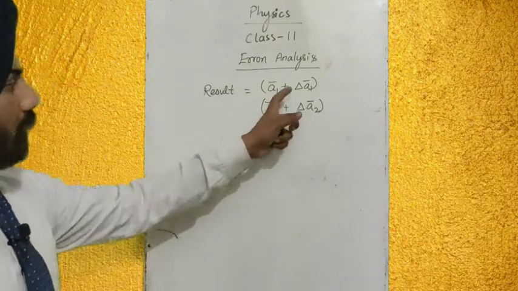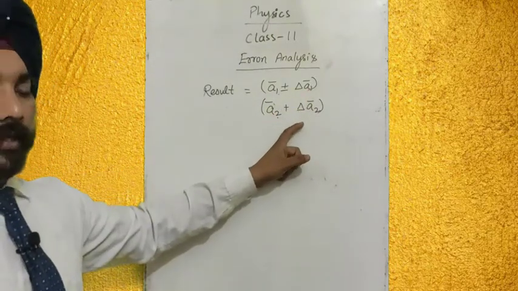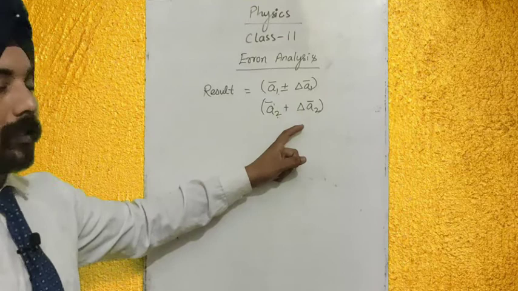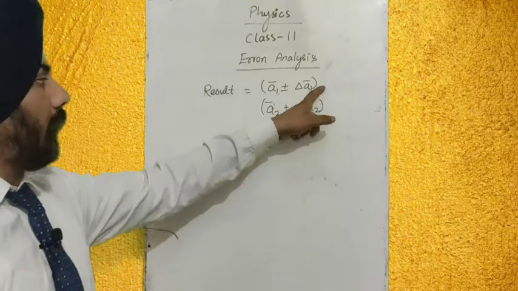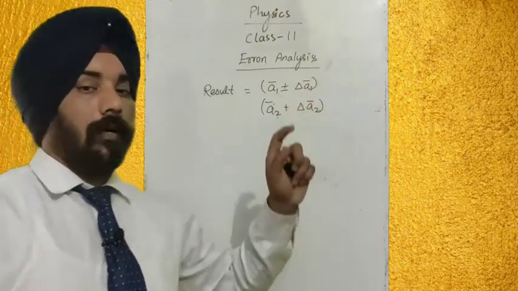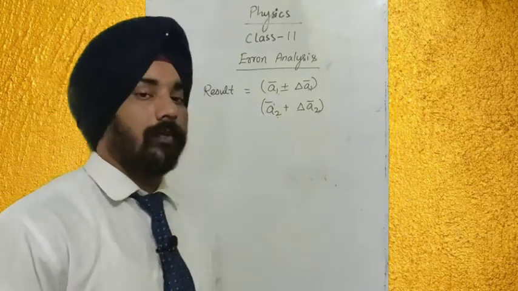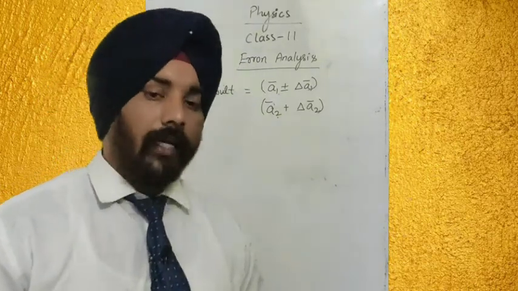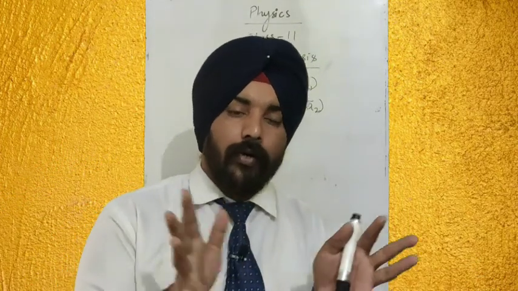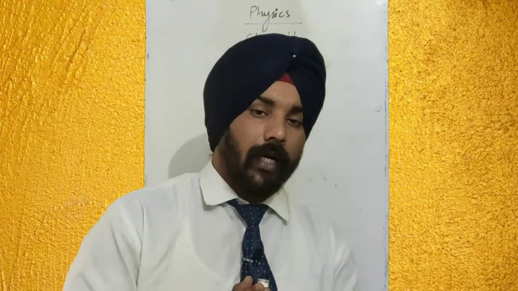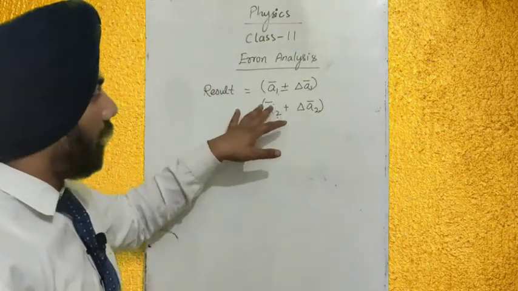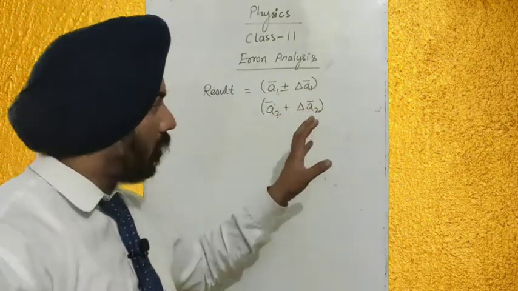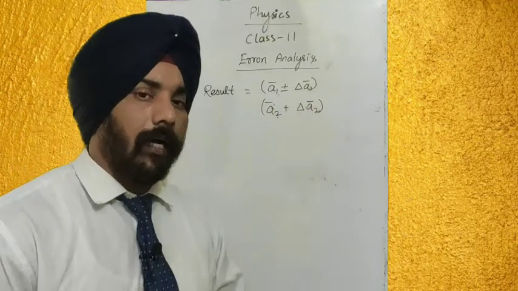If we are combining these two values in different modes of mathematical expressions, like adding them together, multiplying together, dividing together, or taking any one of them in the power expressions, how are the errors going to be combined together? Like if we are adding, then errors are also adding, or something else is going to happen.